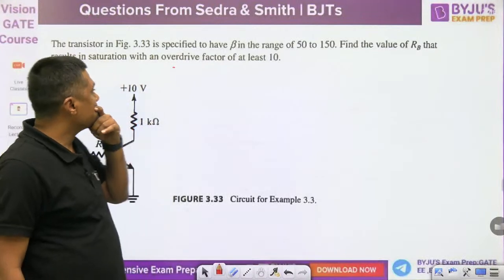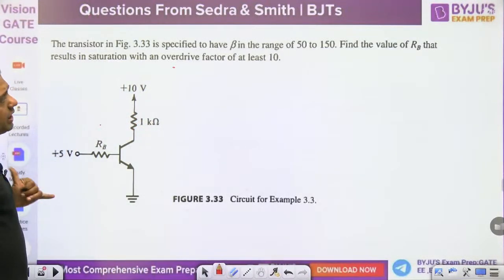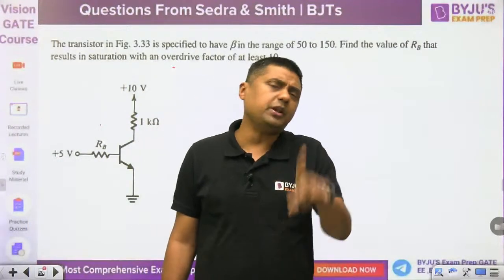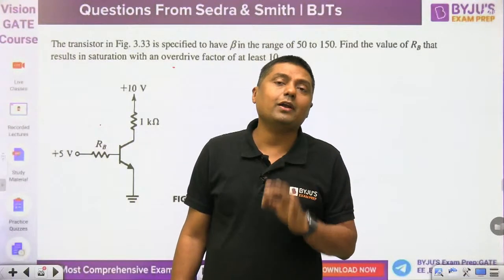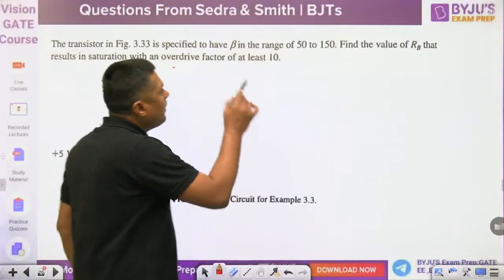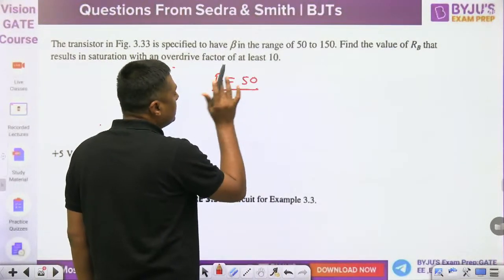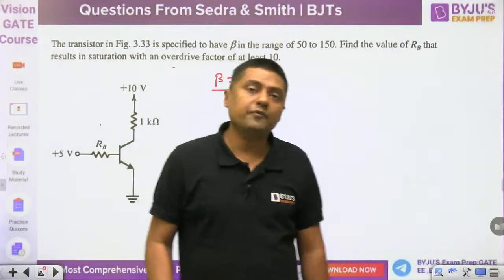Now, first of all, beta. The beta has two values, 50 and 150. That is the range of the beta, and the transistor should be in saturation. So always remember, for this we will choose the lower value of beta, which is 50. If the transistor is in saturation for this value, it is 100% sure it will be in saturation for 150.